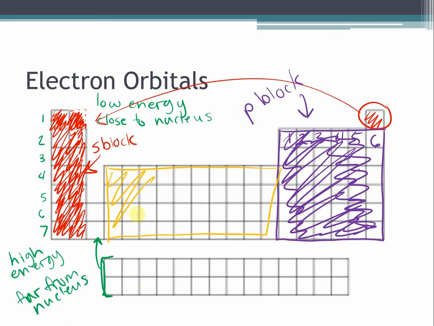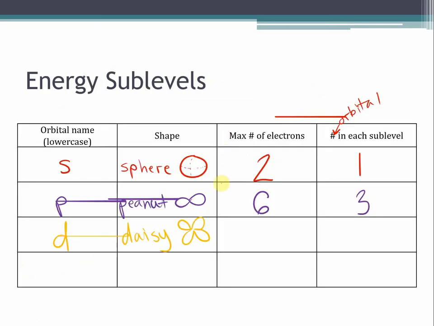So everything in here falls into a d orbital. If we count across, we have 1, 2, 3, 4, 5, 6, 7, 8, 9, 10 boxes, that means that we can fit a total of 10 electrons into our d orbitals in any row. So the max number of electrons in my d orbitals is 10.